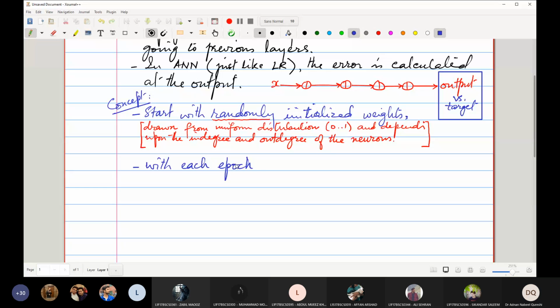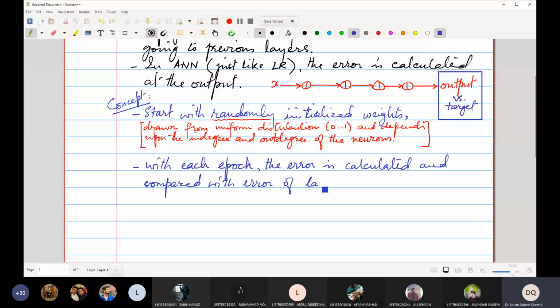So with each epoch, the error is calculated and compared with the error of the last epoch.